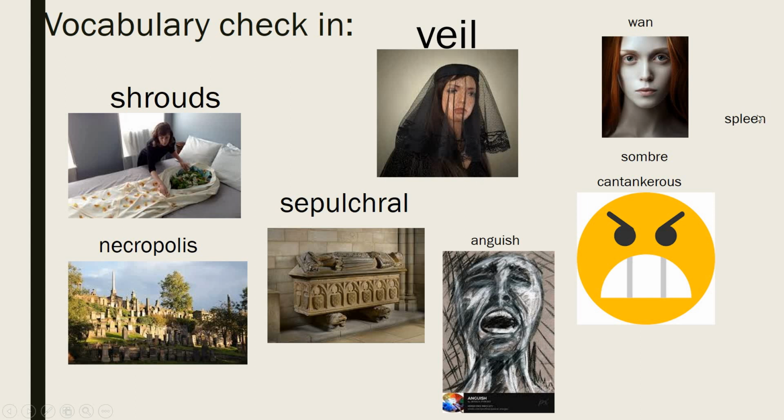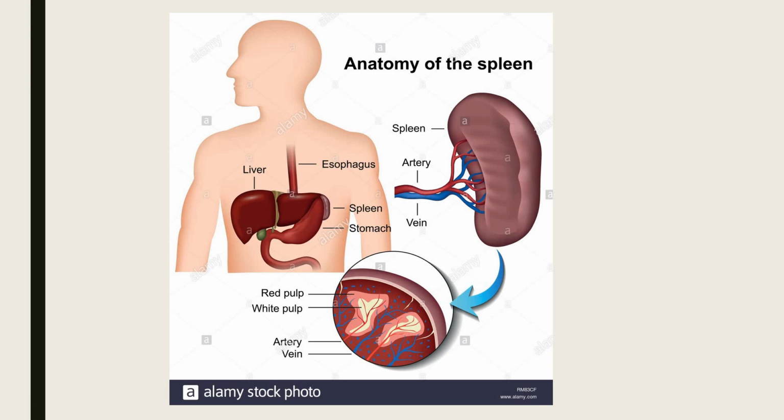Now there's one last one, spleen, and there's two ways of looking at this. Literally, your spleen is part of your anatomy there, and it helps with your digestion, and it's connected to your stomach, and it is full of bile and bilious liquid.